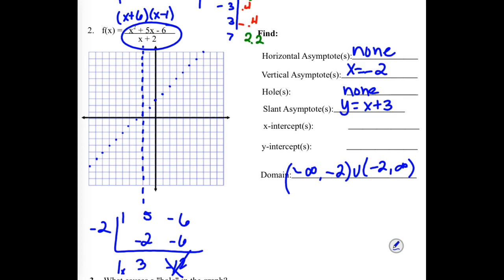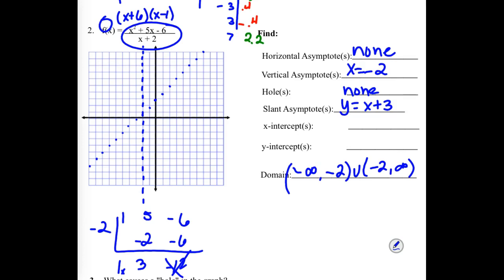You're trying to find the number when Y is 0. If we put a 0 in for Y, what are we looking at? Numerator, right? The x plus 2 on the bottom is going to get multiplied to 0 and still be 0. It's the top part, the numerator, that causes the X-intercepts.